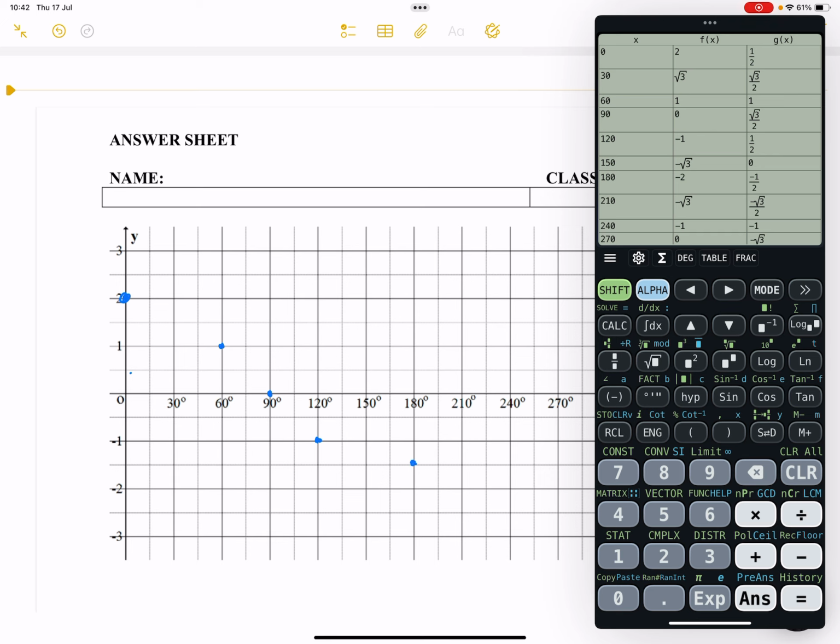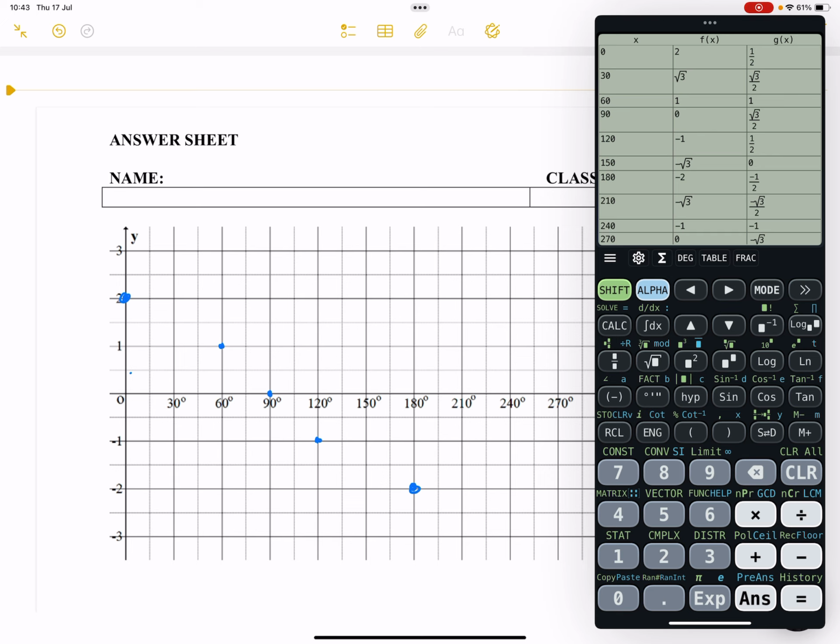Okay, and again, this is going to be at 210. In fact, 180, that was negative 2. Sorry, I needed to take it further down. So that's negative 2. And we take it to 210, which is negative square root of 3.